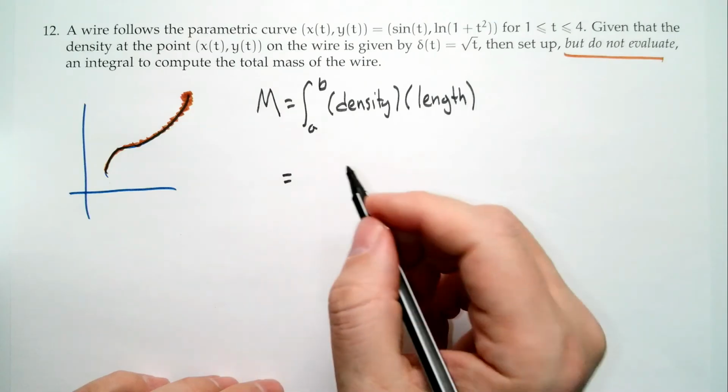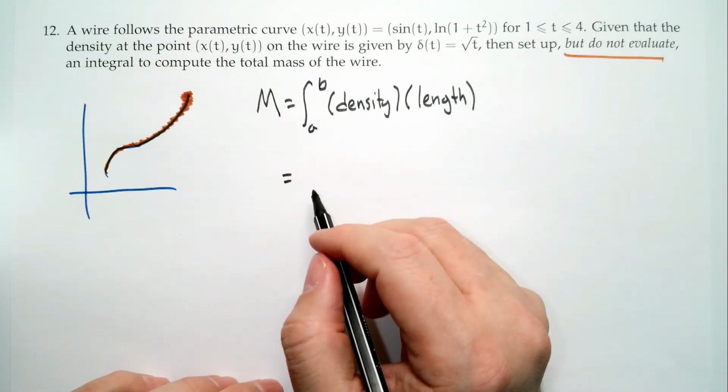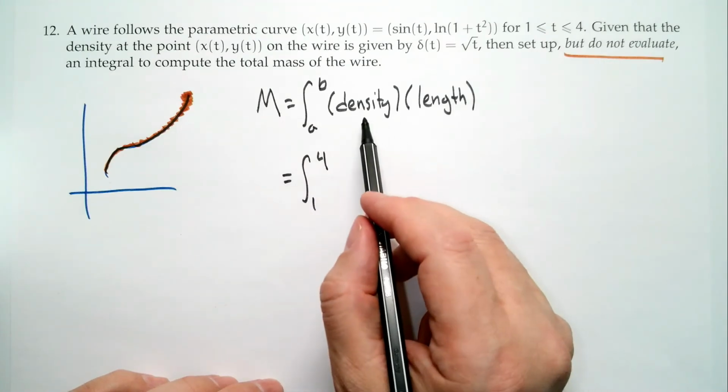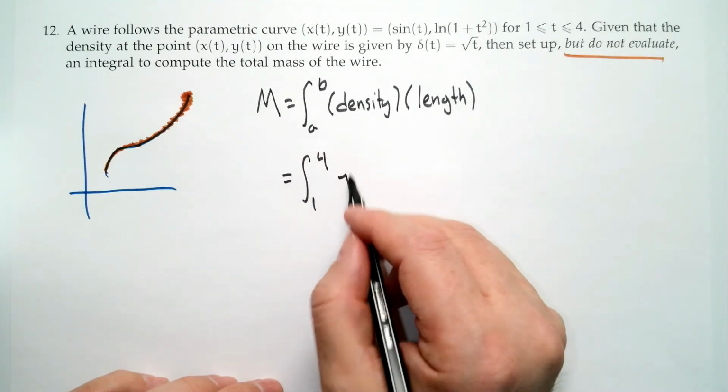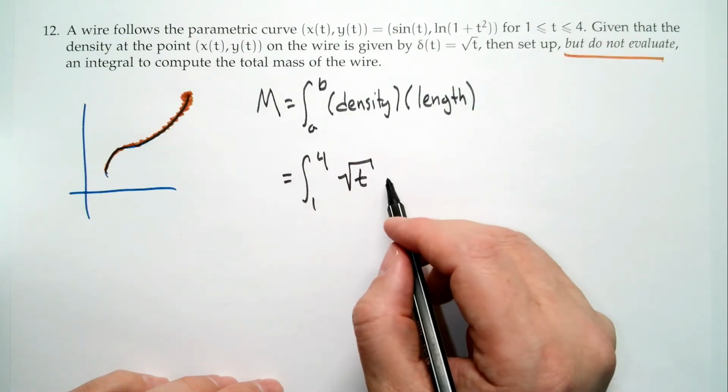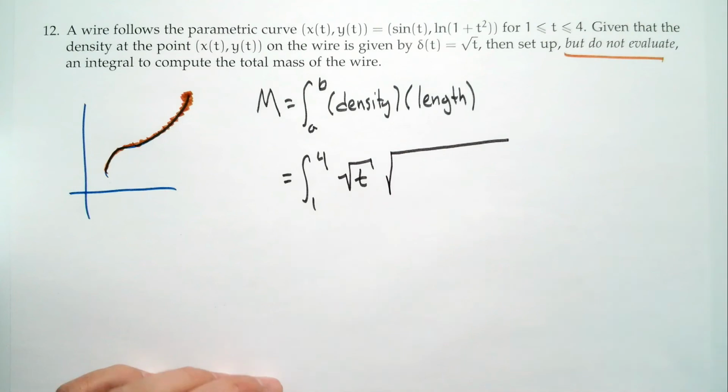What should our bounds be? 1 to 4. What should our density be? Square root of t. What should our length be? Well, we used the length formula for parametric. So square root of, and then what do we do?